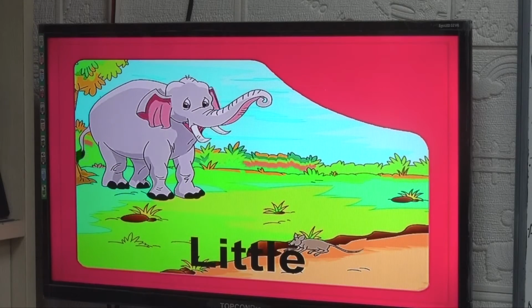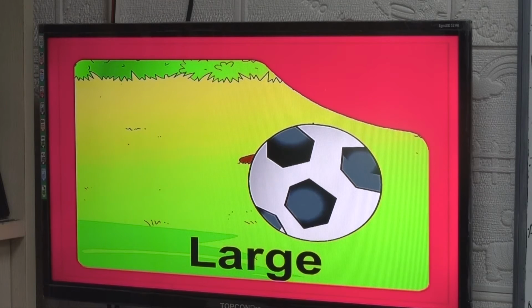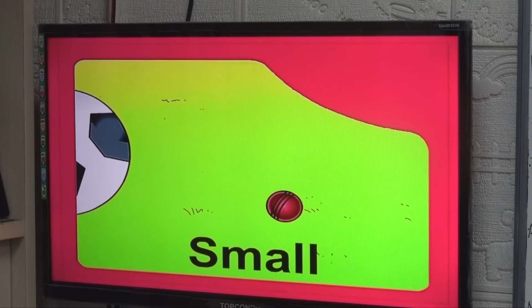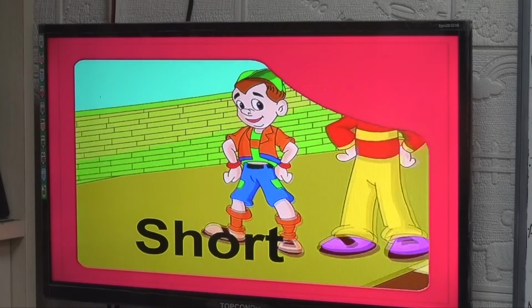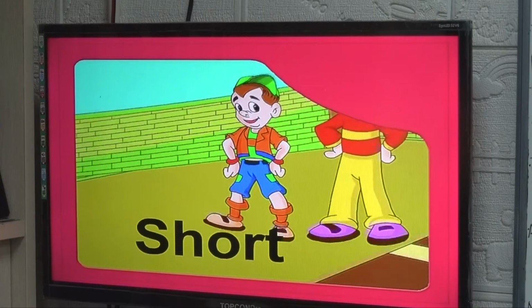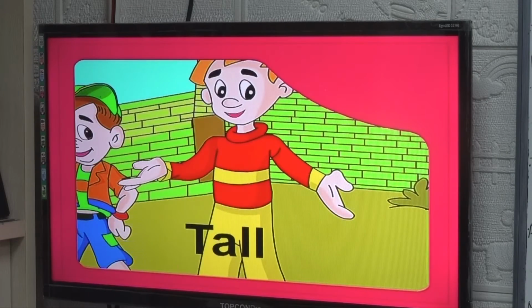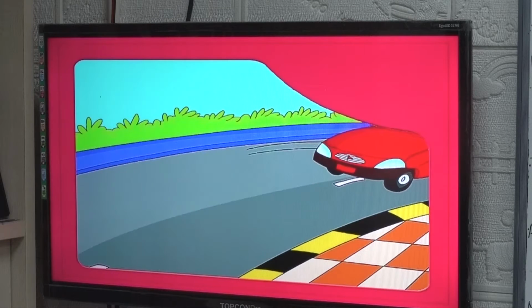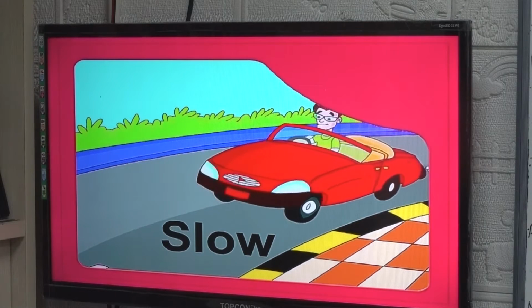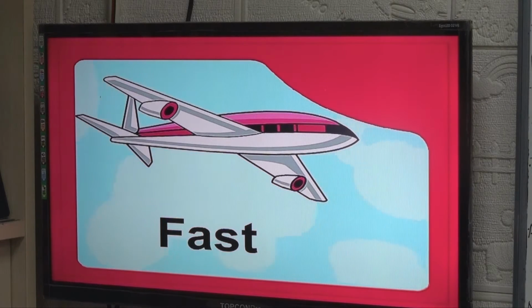Little, or we can call it small, right? Large. Small. Short. Tall. Slow. Fast.